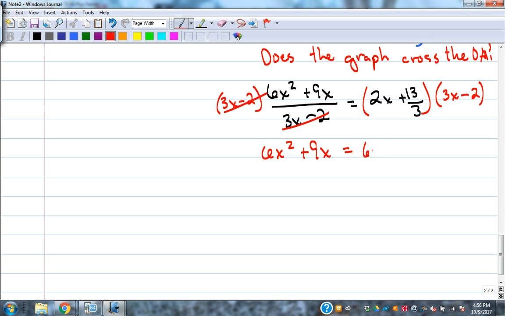Distribute, it'll be 6x squared minus 4x, and then plus 13x minus 26 over 3. And then to solve this polynomial equation, what do you need to do? Get it equal to 0, okay? So I'm going to go ahead and simplify first.